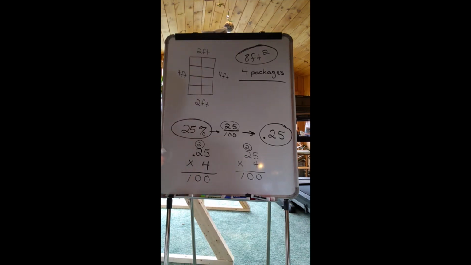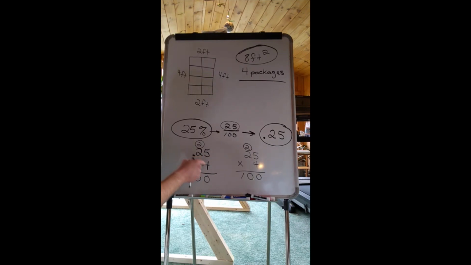Now, here's the difference. When you're multiplying with a decimal, at the very end, all you have to do is count the number of places it takes to get to the decimal. Now, here. So I start here all the way to the right, and I just count until I get to my decimal. I have 1, 2.